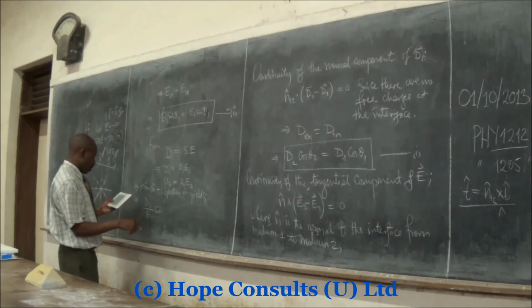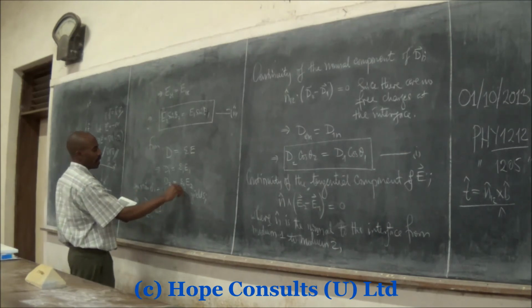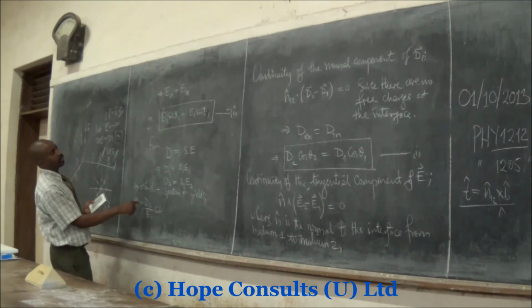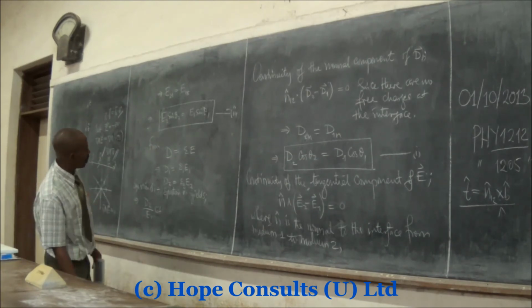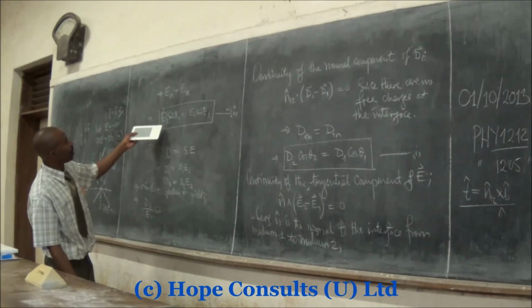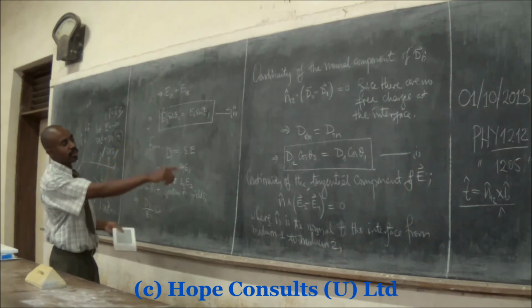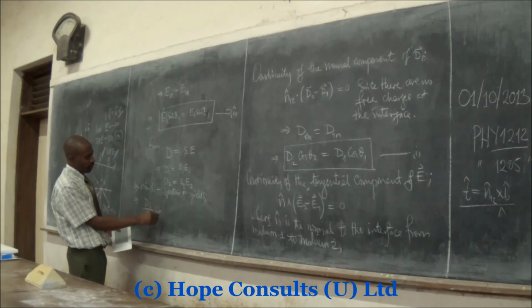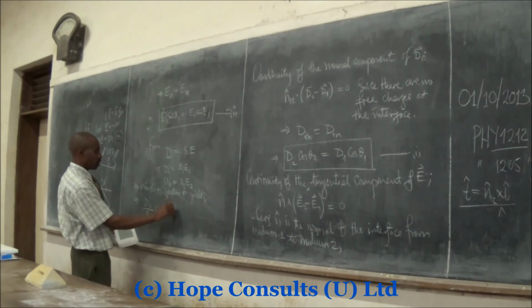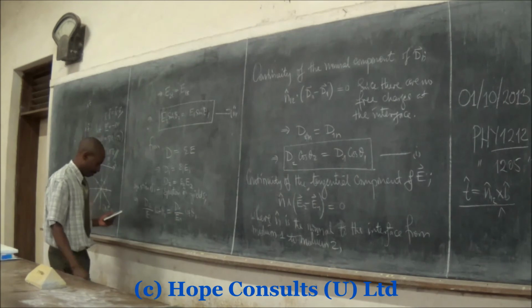Is it equation 2 or equation 1? This should be equation 1 divided by equation 2. That's when we get D2 over E2, and we have a cos over sine, which is a cot theta 2, is equal to D1 over E1 cot theta 1.